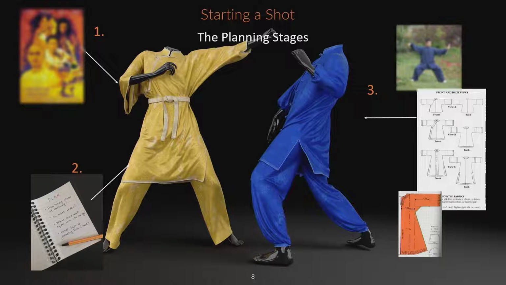So, for example, how many items of clothing would I be making? In what order would I make them? And what constraint types and geometry would I be using? And finally, finding a good sewing pattern.